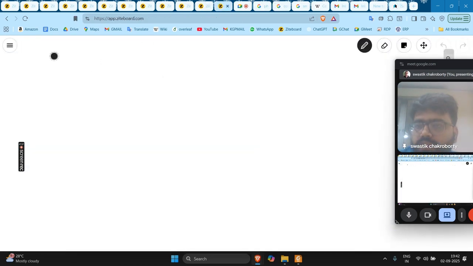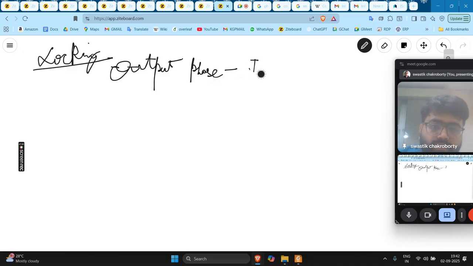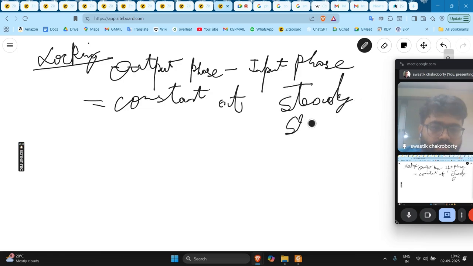That is the locking. So in locking, input and output phases can be different, but output phase and input phase maintain a constant difference at steady state. Output phase minus input phase is equal to constant at steady state. Now another is capture.